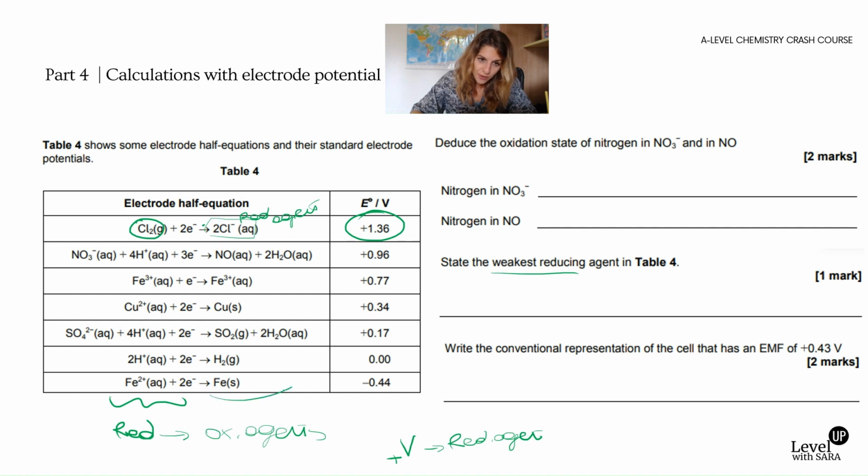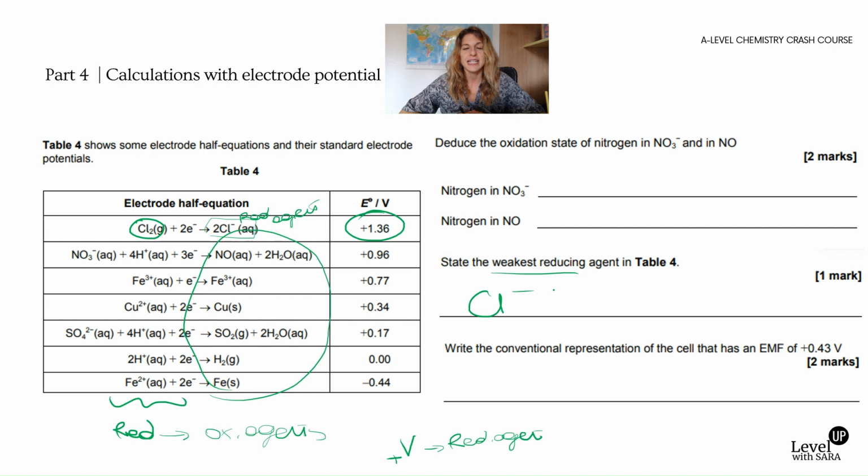So basically all on this side could be considered oxidizing agents, because on the opposite side they will lose electrons. Look at the directions of the electrons. But the weakest one will be Cl minus, because it's more positive, so more likely that the electrons would go towards it rather than away from this cell. So the weakest reducing agent would be the chloride ion.